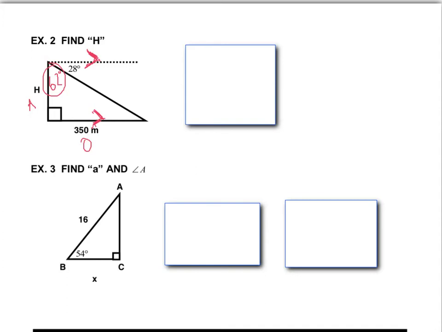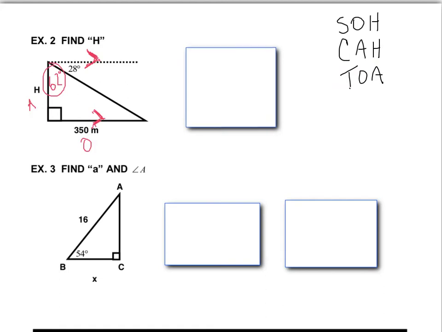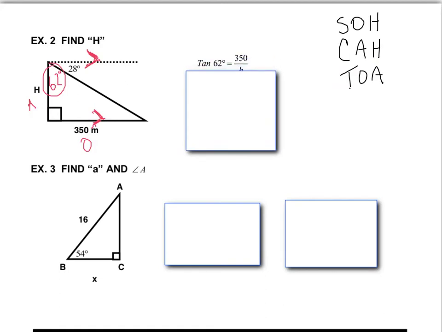If you need to, you can write out SOHCAHTOA to the side. And again, we're looking for opposite and adjacent. And so that's going to be this piece right here. So we're going to be using tan of the angle that I circled, which was 62 degrees. And that's going to equal opposite, which was 350, over adjacent, which was H. That H is going to come to the other side and get multiplied with this.